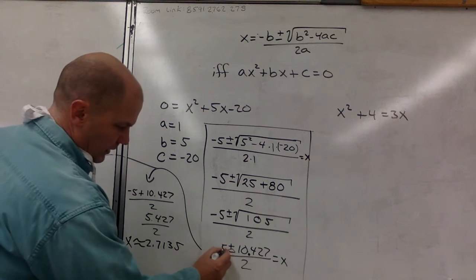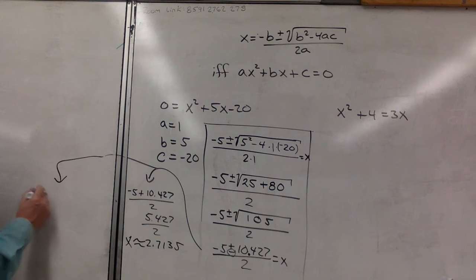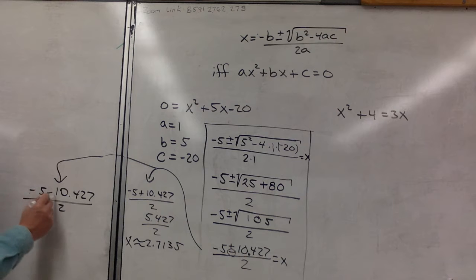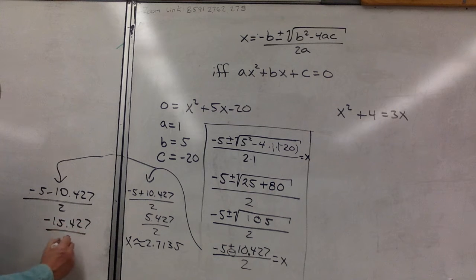Now I'm going to use the minus sign here. Negative 5 minus 10.427, all divided by 2. Negative 5 minus 10 is negative 15.427 over 2.